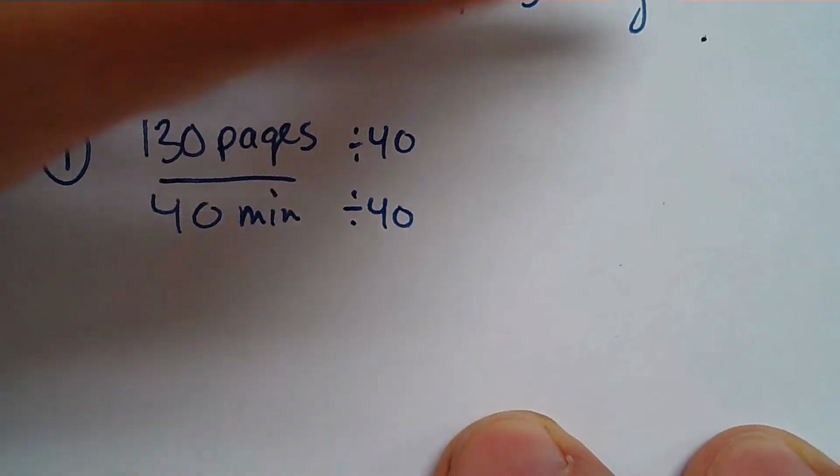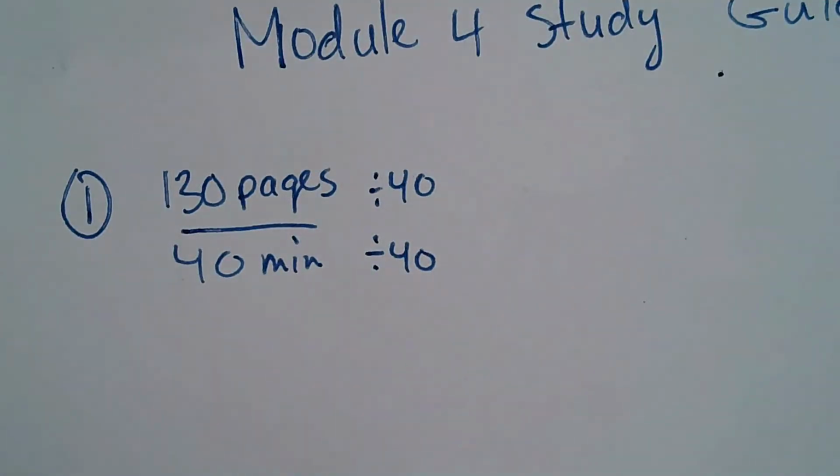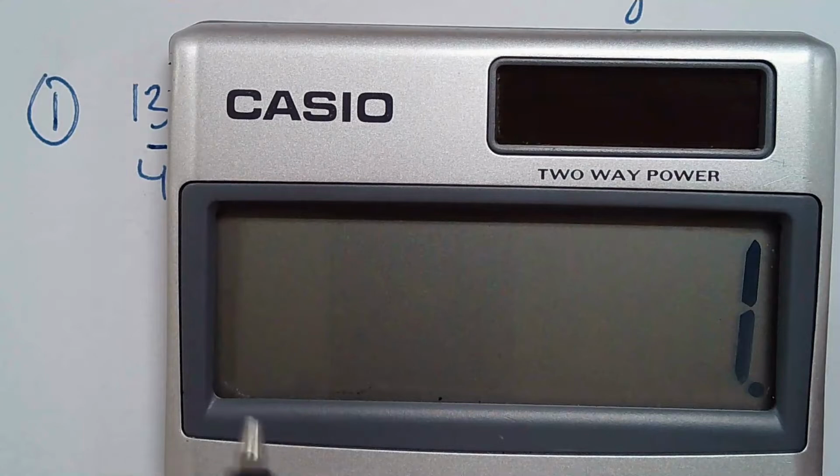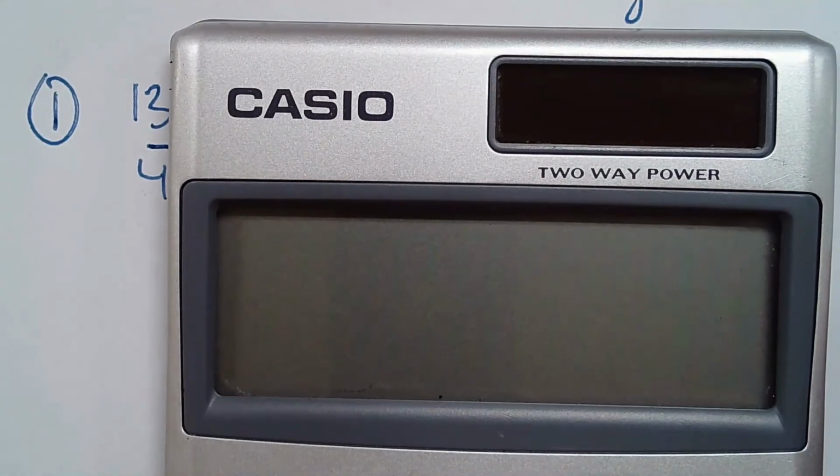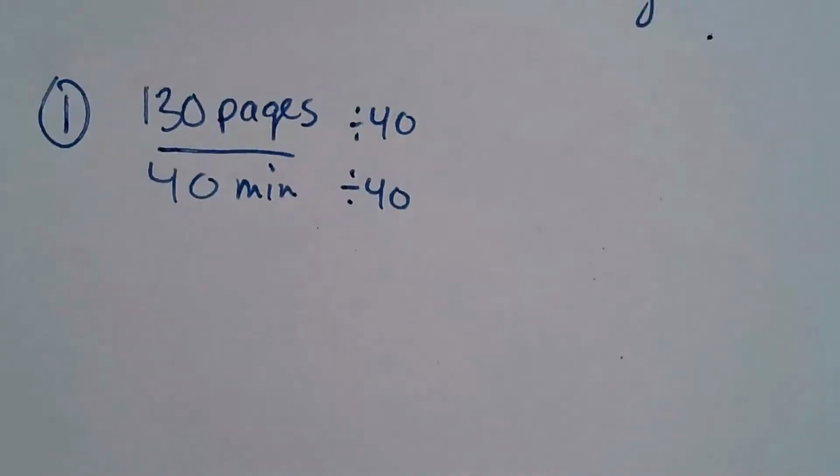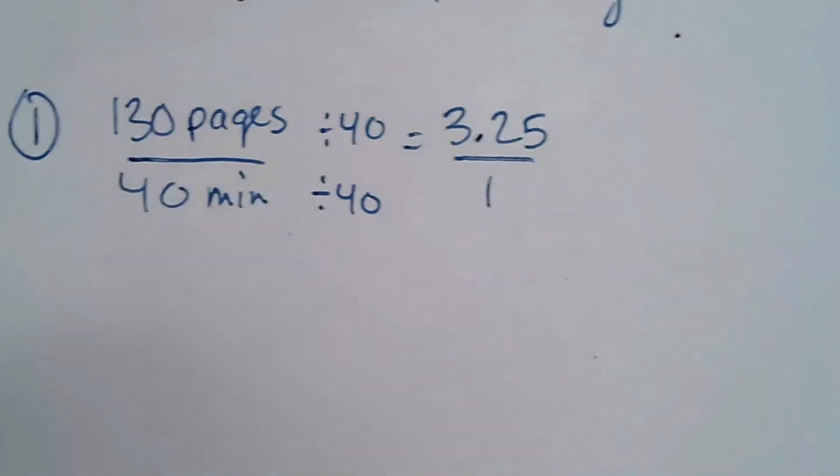And that would be 130 divided by 40. My calculator's right here. And that is 3.25. So that is 3.25 pages per 1 minute.